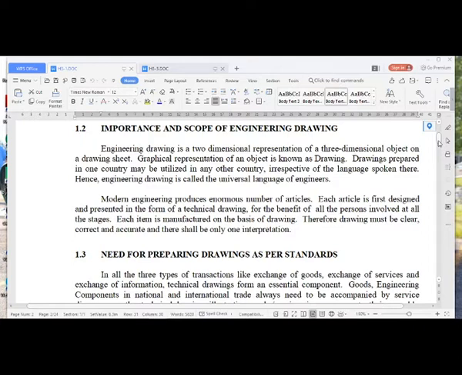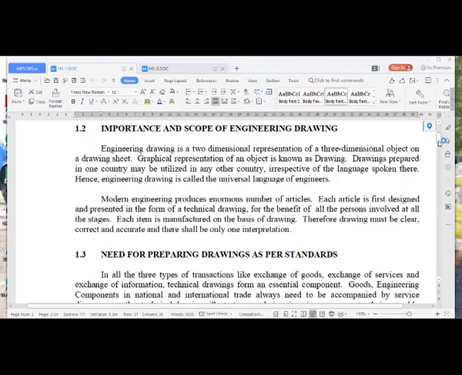Each article is first designed and represented in the form of a technical drawing for the benefit of all the persons involved at all stages. Each item is indicated on the basis of the drawing. Therefore, a drawing must be clear, correct, accurate, and there shall be only one interpretation.